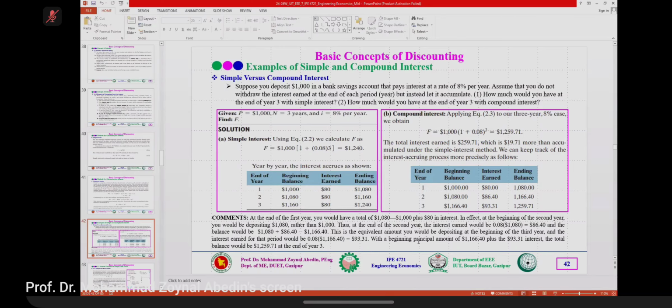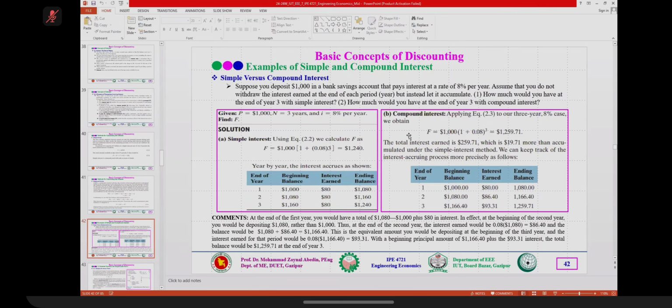This equivalent amount you would be depositing at the beginning of the third year. With the beginning principal, the total balance would be this value at the end of the third year. So this is how you can get the future value based on the present value, the interest rate, and the total interest periods.